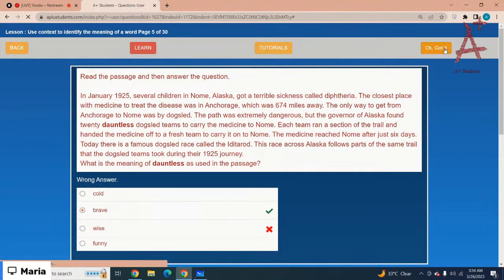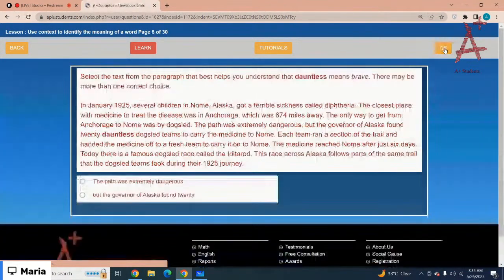Okay, the next one is: select the text from the paragraph that helps you understand that dauntless means brave.